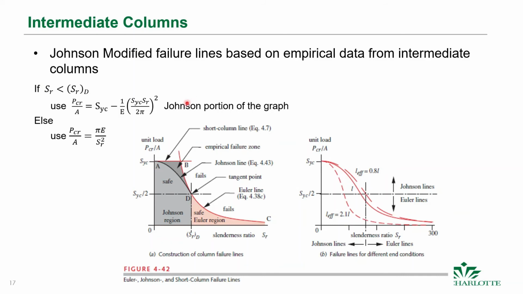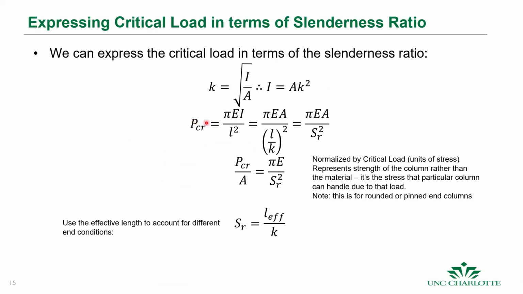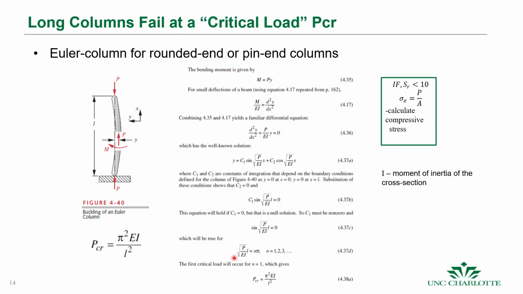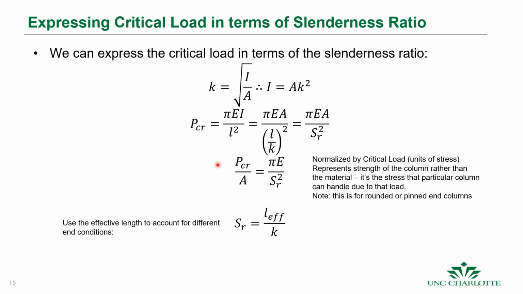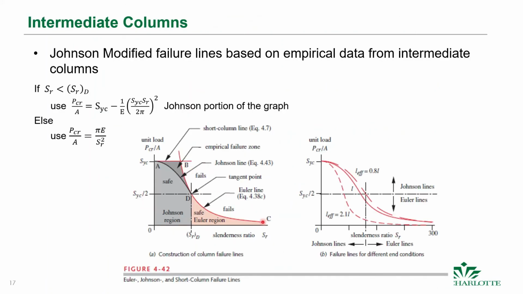So what we were talking about is these intermediate columns between the shorter and longer columns. Based upon the theory that we just did, this is the Euler column approach, and the Euler column approach predicts this red curve here.